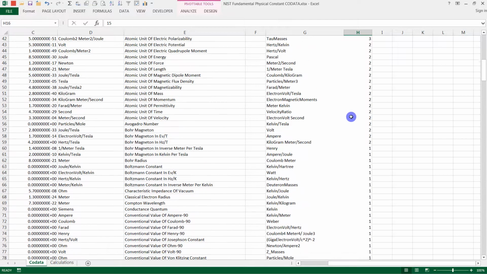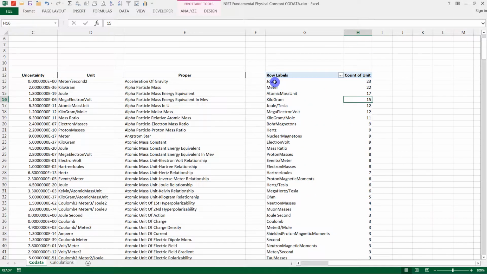But the core ones are going to be the energy, joule, meter, atomic mass unit, kilogram mass, joule per Tesla. That's the energy in a magnetic field. So you got a magnet, and it'll flip back and forth, and that's how much energy it takes to turn the magnet in the magnetic field.